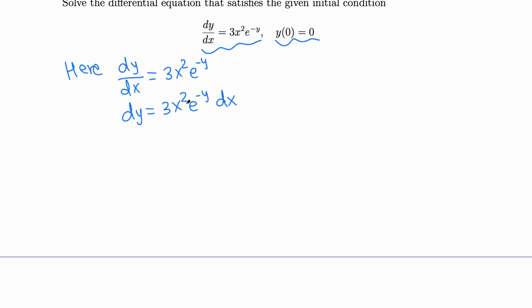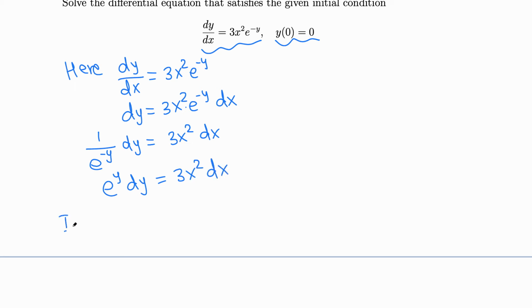It's a product, so divide both sides by e to the negative y. So that's 1 over e to the negative y dy on the left, 3x squared dx. This negative means we can just move it up. So this is the same as e to the y dy equals 3x squared dx.